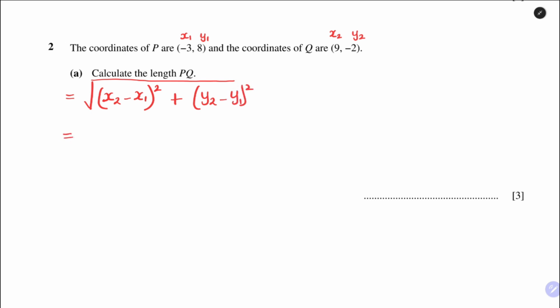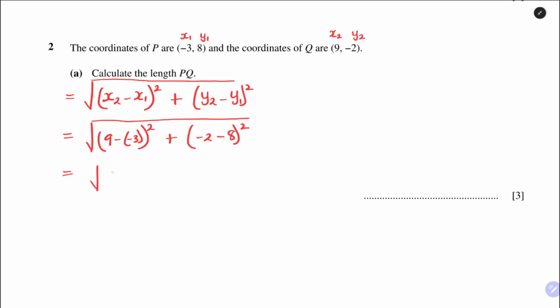All right, so we just plug in our values again. x2 being 9, x1 being minus 3, so this is minus of minus 3. Please be careful when you substitute it. Plus, what is our y2? Minus 2. And our y1 is 8, so that is minus 8 here.